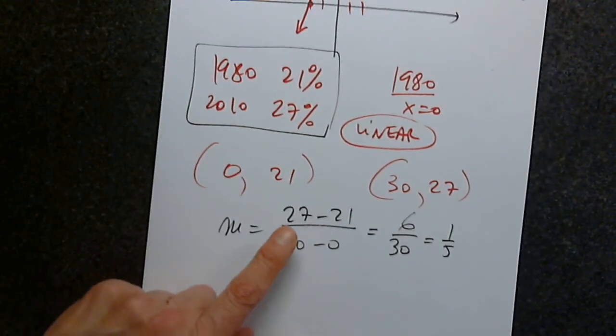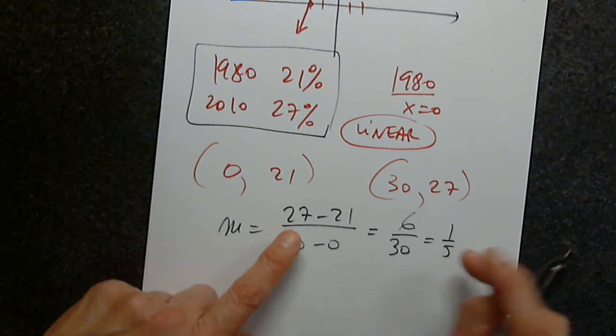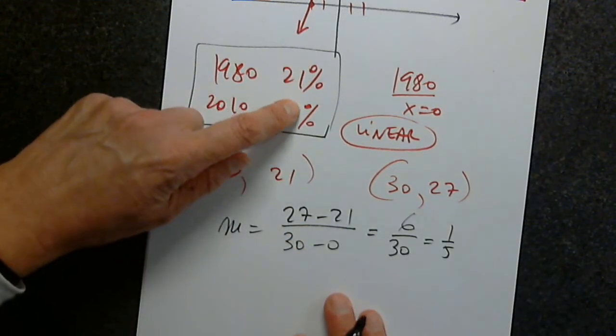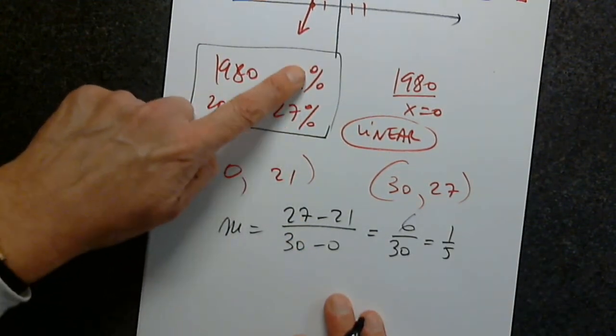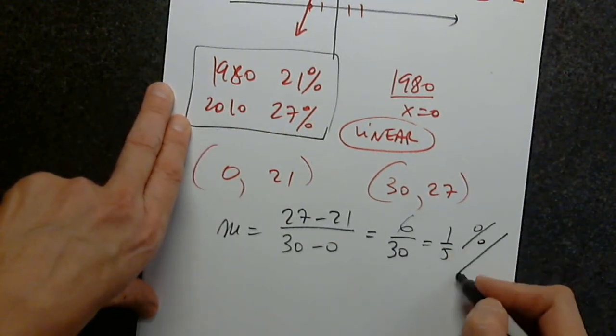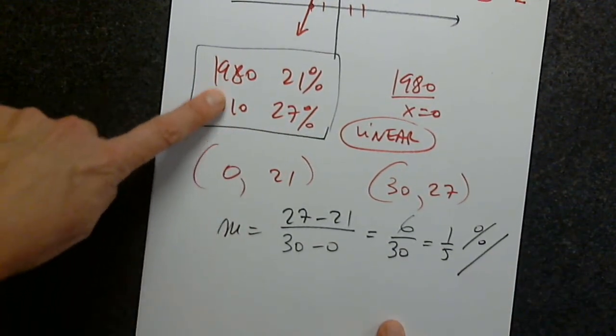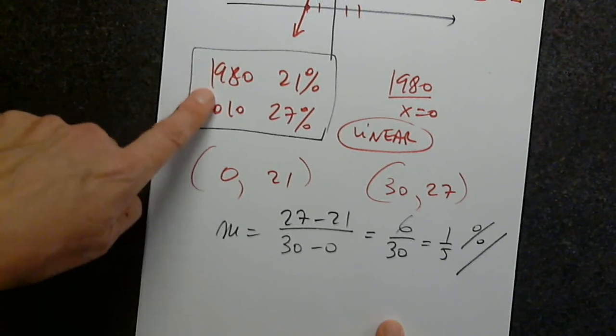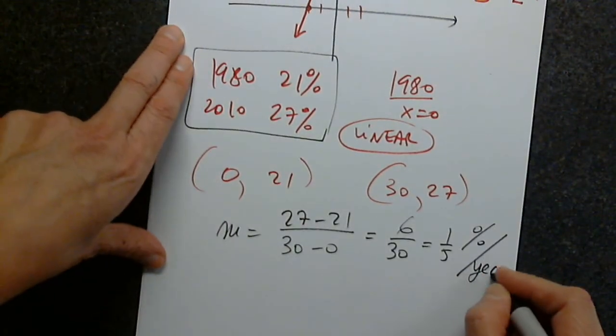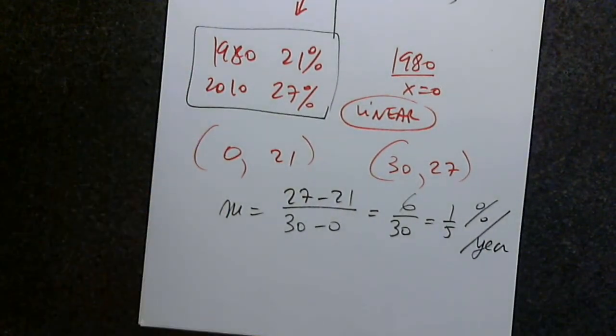What is the measurement unit coming from the top? Percent of liberal students. Good. Per the measurement unit coming from the bottom. Years. Thank you. So it increases by 1/5 per year, or 0.2. The percent goes up by 0.2 per year.